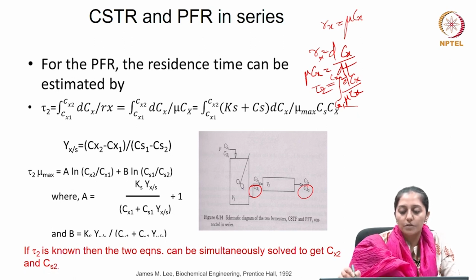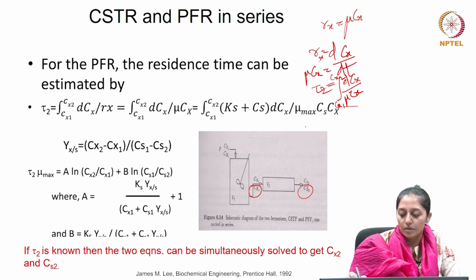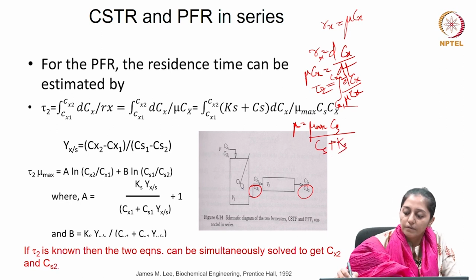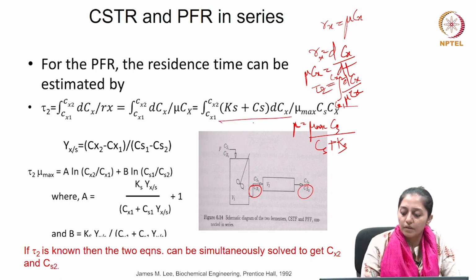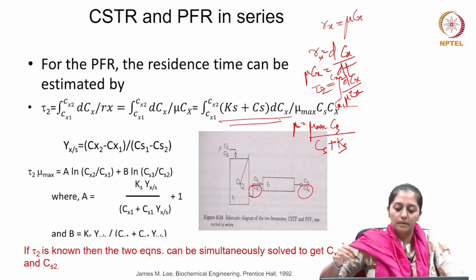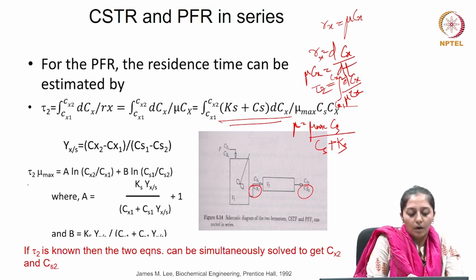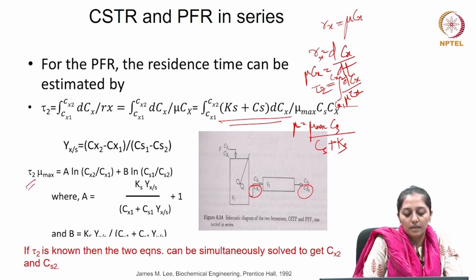Now, further, because mu follows Monod's model, it can be represented by the Monod's model as a function of the substrate concentration. If we substitute here, as shown here, we can write it like this. And once we solve it, tau 2 is the residence time.